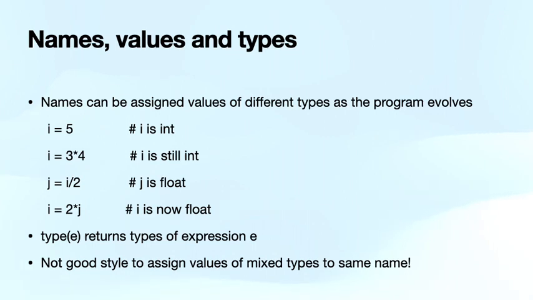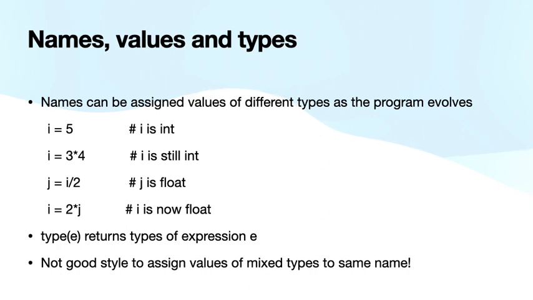Now, if we divide the value of i by 2, previously i was 12, so if I divide it by 2, I'll get the result 6.0. That is a float value.